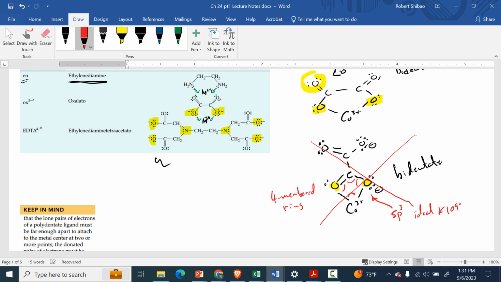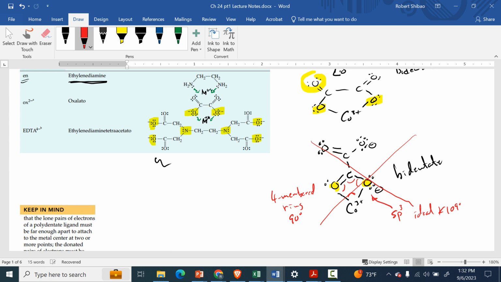If you have a 4-membered ring, it kind of forms a square. And what are the angles in a square? 90 degrees. And so ideally these angles should be about 109, but in reality the angles are closer to 90 degrees.